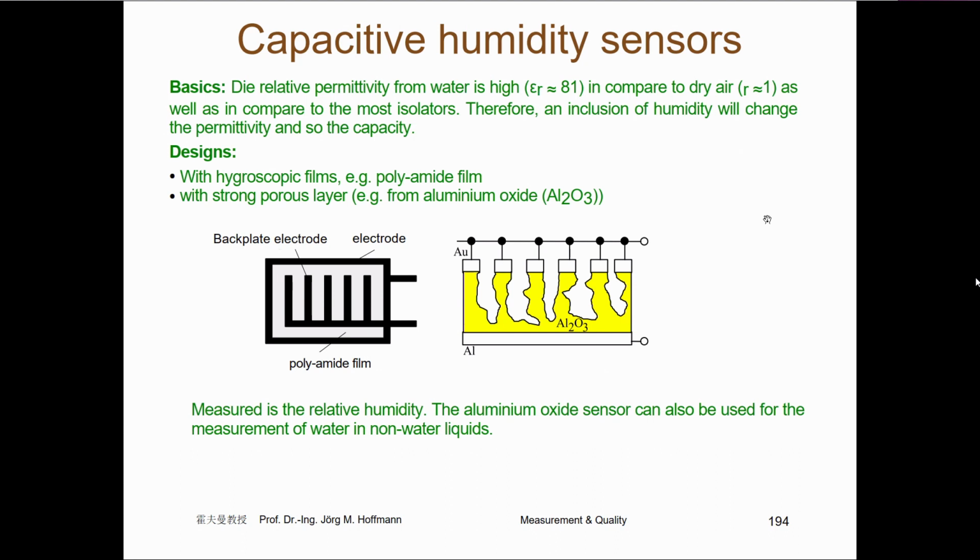That means when you have a capacitor and you bring humid air into it, you change the permittivity from 1, when it is completely dry air, to 81 for water. And this changes the capacitance.